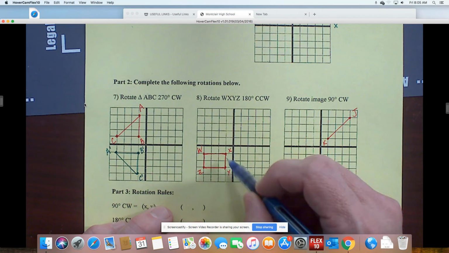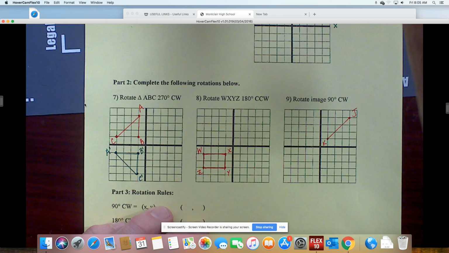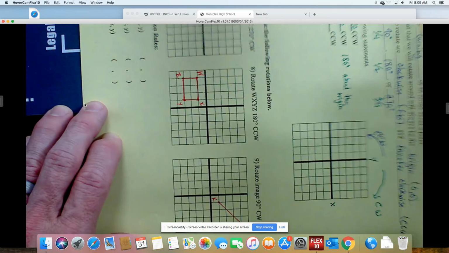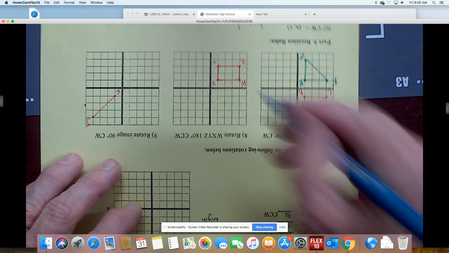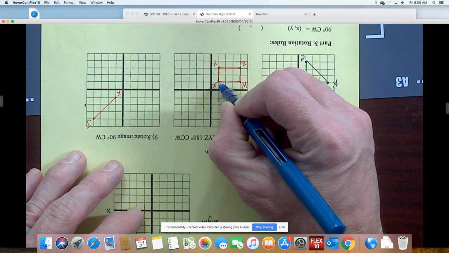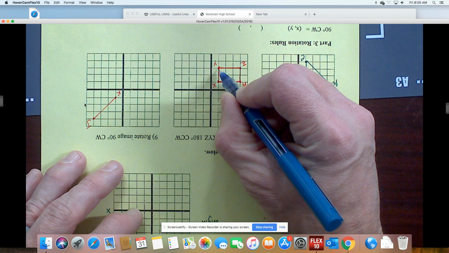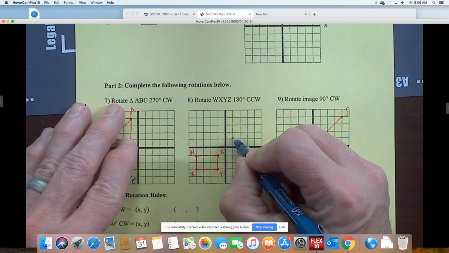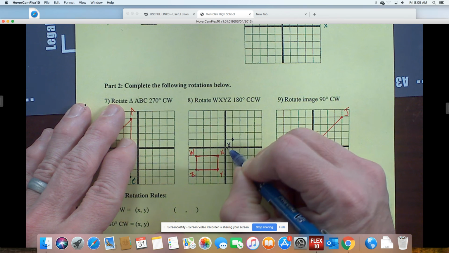So we have W, X, Y, and Z, and I'm going to rotate it 90 degrees, and I'm going to rotate it 180 degrees, and then I'm going to figure out what the points are. So my point for X would be +1, +1. And my point for Y, well, actually, I'm going to do it one at a time. So +1, +1, this is X prime.